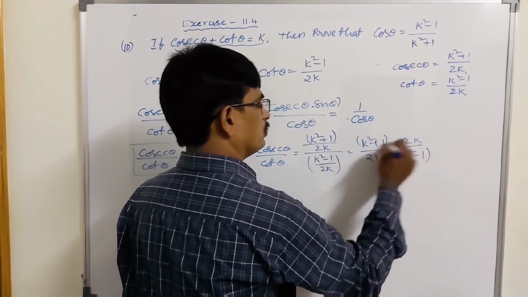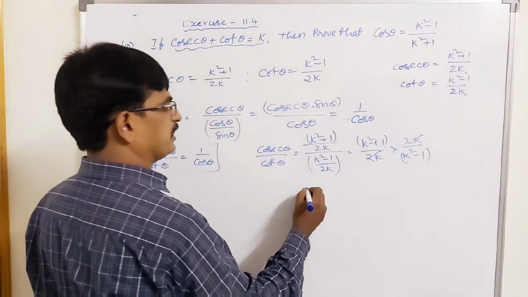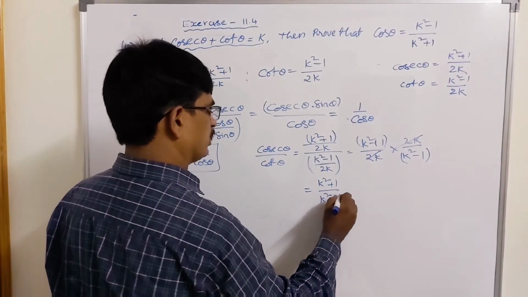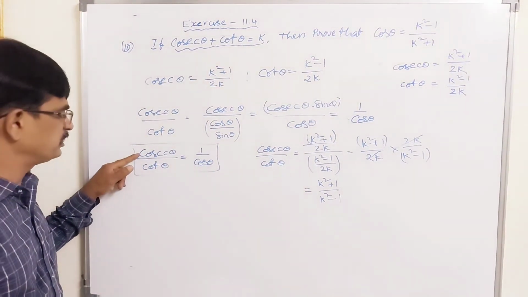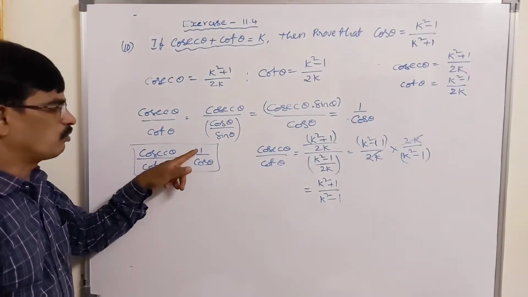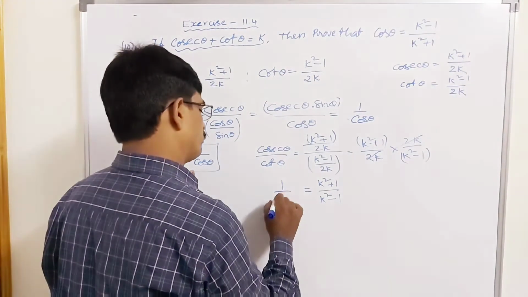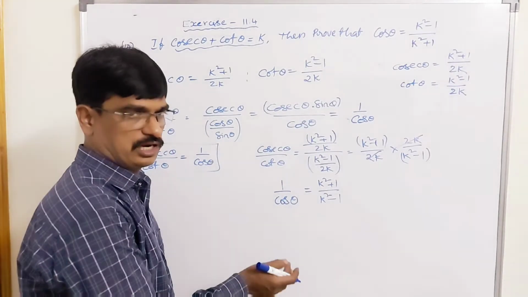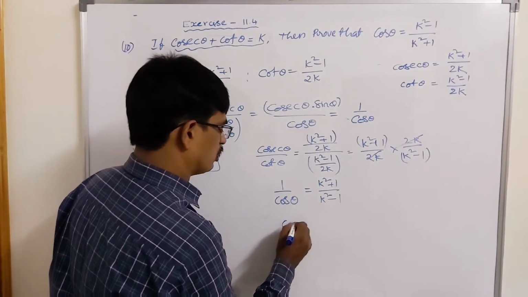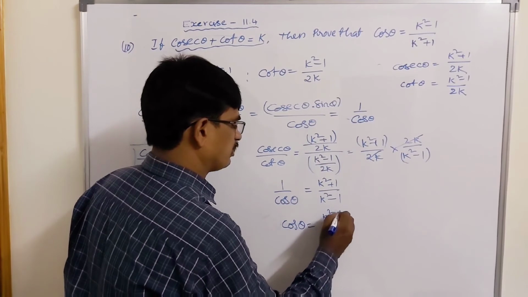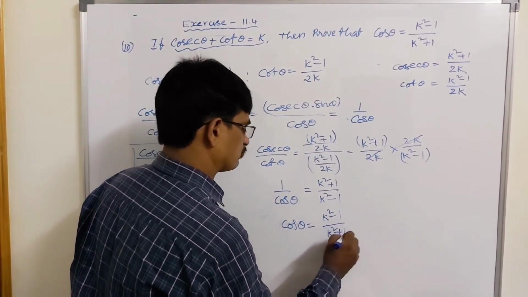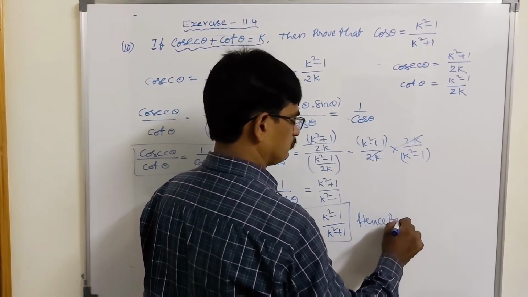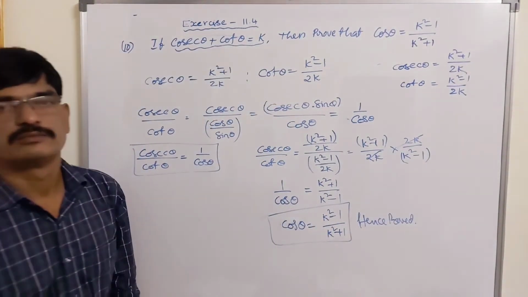Now 2k cancels out, then k square plus 1 by k square minus 1. But we have cosecant theta by cot theta is equal to 1 by cos theta, and we need cos theta. So taking the reciprocal on both sides, cos theta is equal to k square minus 1 by k square plus 1. Hence proved.